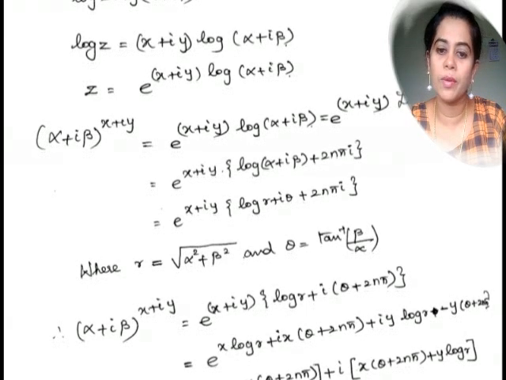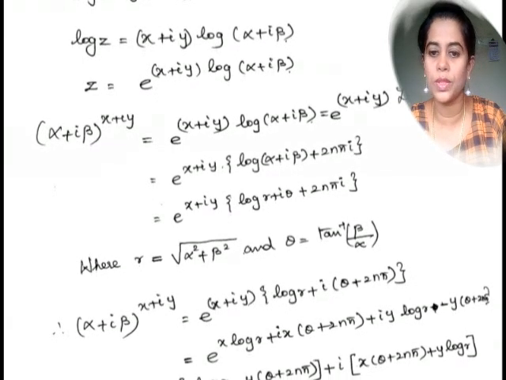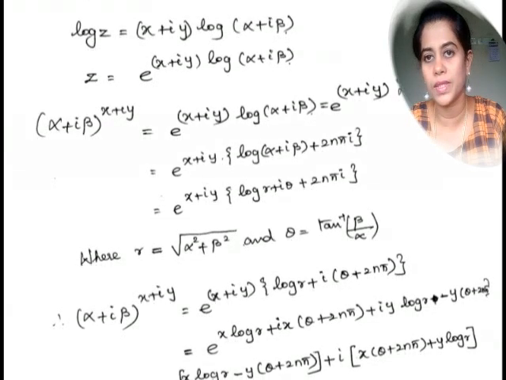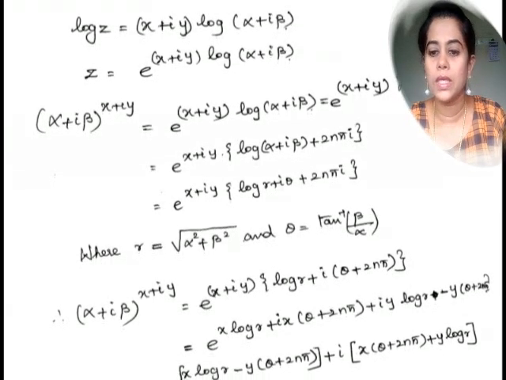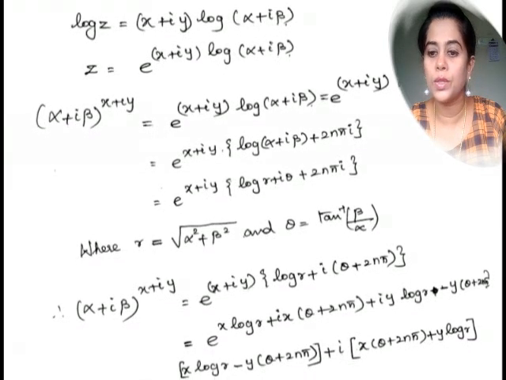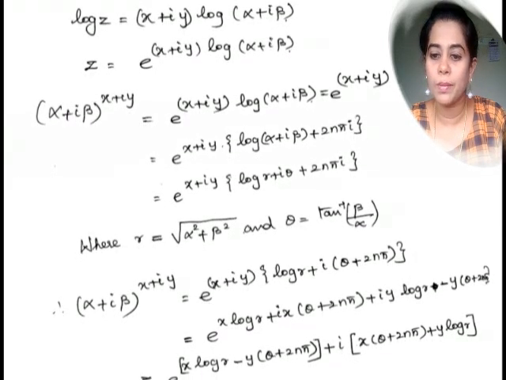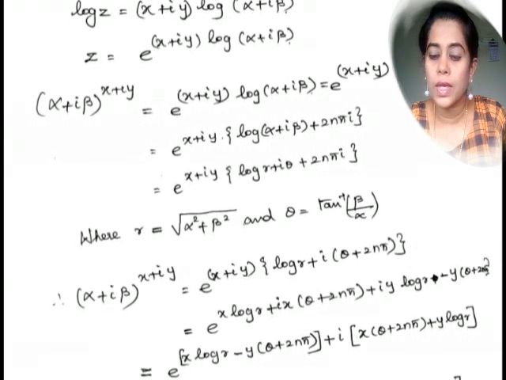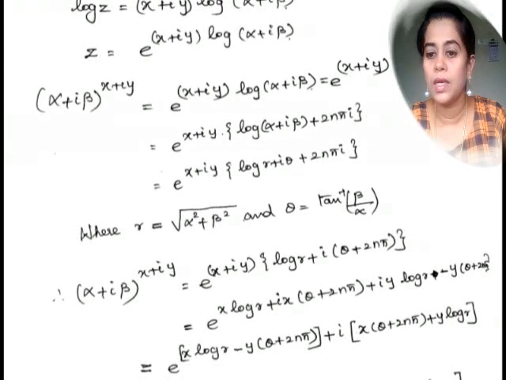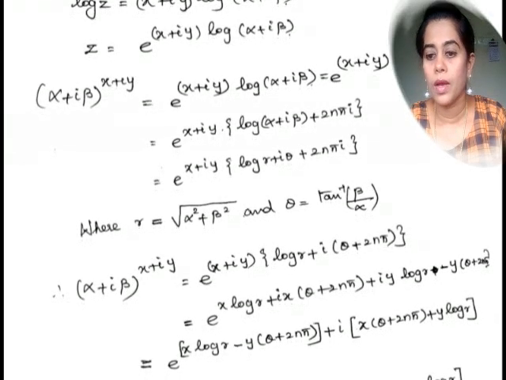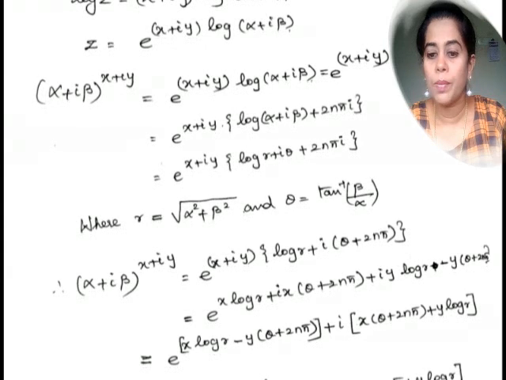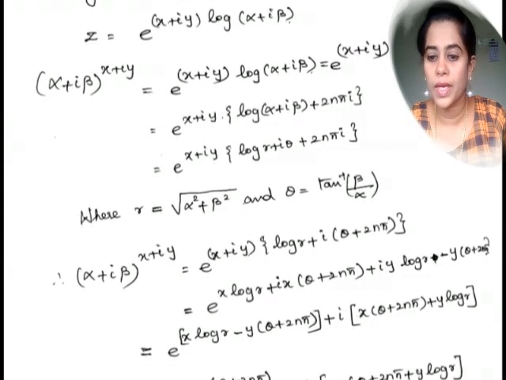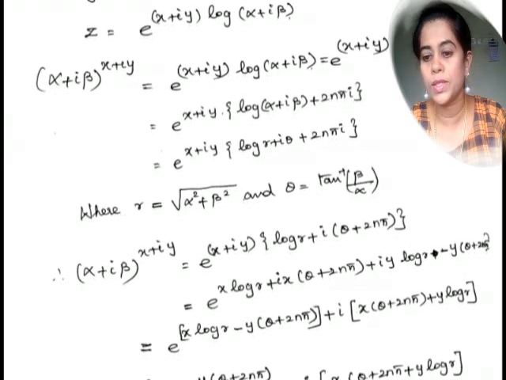Simply we can write (alpha plus i beta) the whole power (x plus iy) is equal to e power of (x plus iy) into log of (alpha plus i beta). The log of (alpha plus i beta) can be written in the general form as log of (alpha plus i beta) plus 2n pi i. In polar form, that is log r plus i theta plus 2n pi i.